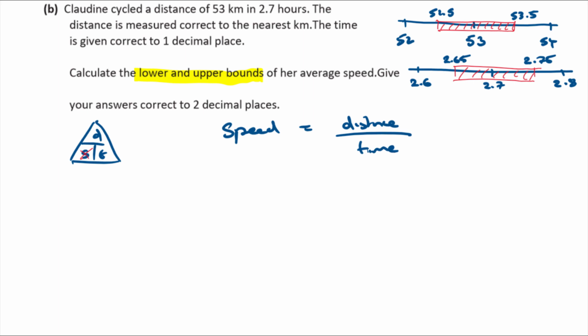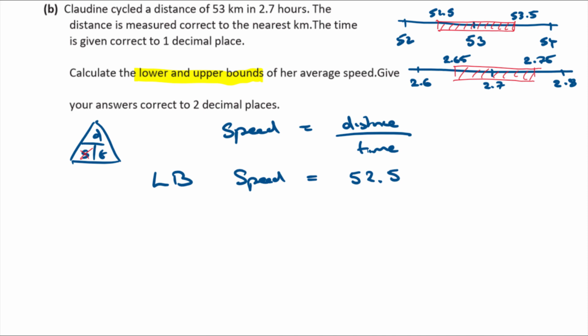Okay, for the lower bound, how am I going to get the smallest possible speed from those various values that I've got on here? So for the lower bound for the speed, I'm going to get the smallest speed if the distance is the smallest distance that was travelled. So I'm going to use the lower bound for the distance.